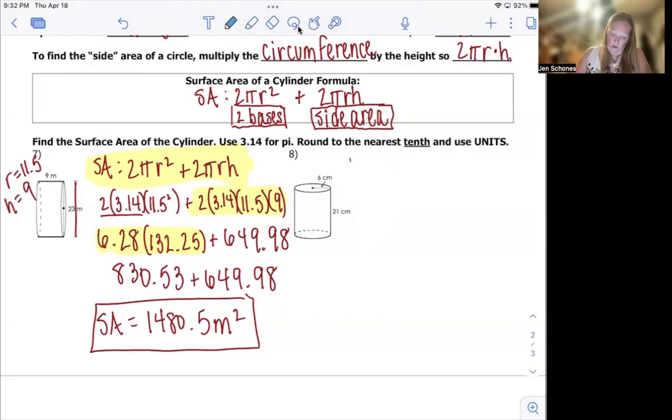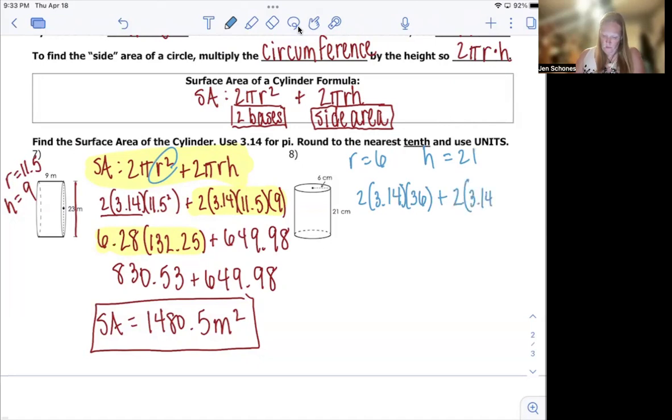So here we go. My radius is 6. My height is 21. 2 times 3.14 times my radius squared, and 6 times 6, I'm just going to write 36, plus 2 times 3.14 times 6 times 21.